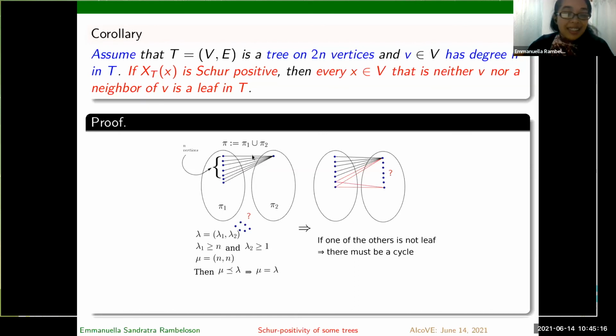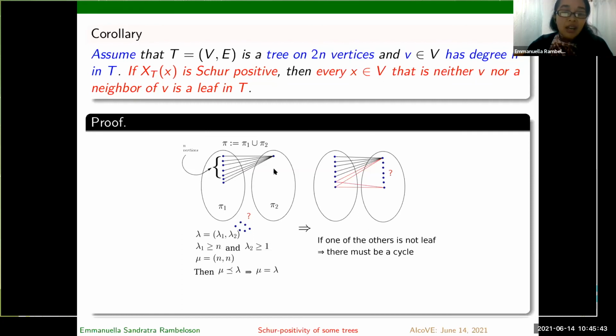Since T is a tree, remember a tree is connected, then T has exactly one bipartition. And we denote the bipartition of T by pi here. Remember, in the corollary we have the assumption that there is a vertex V in T that has degree n.